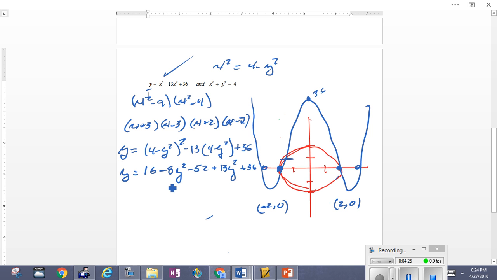Okay, so what happens here? 16 minus 52 is negative 36, and 36, oh good, that cancels out, okay? So now I have negative 8y squared plus 13y squared, so I've got 5y squared, all right?